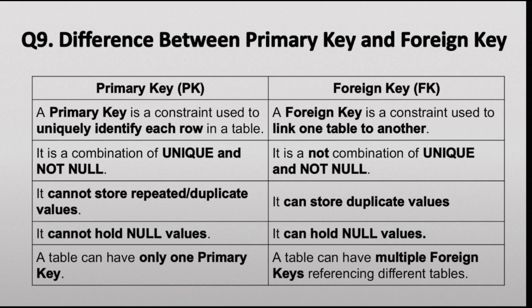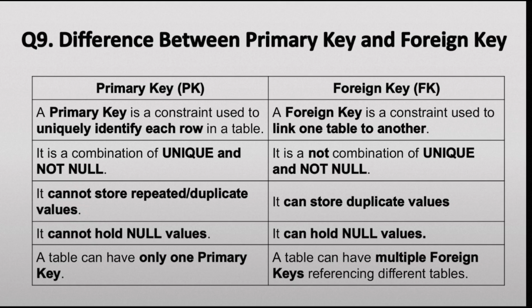The next and a very important interview question, the difference between primary key and the foreign key. You can just combine the last two answers and create a new answer like, a primary key is a constraint used to uniquely identify each record in a table, while a foreign key is a constraint used to link one table to another.